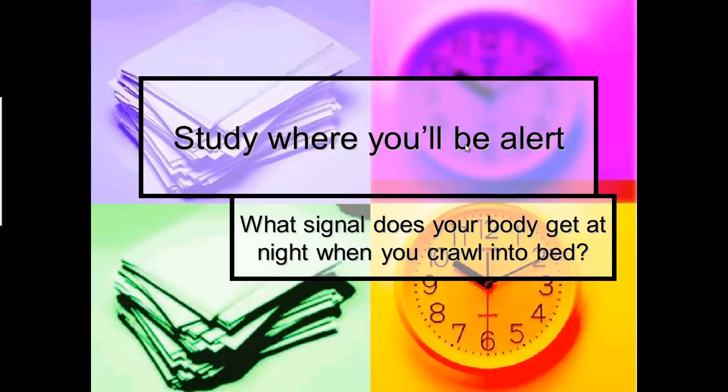Go out there, get your water, take a bathroom break, find your study place, and so your brain gets out of whatever mode that it was in and now gets into study mode.